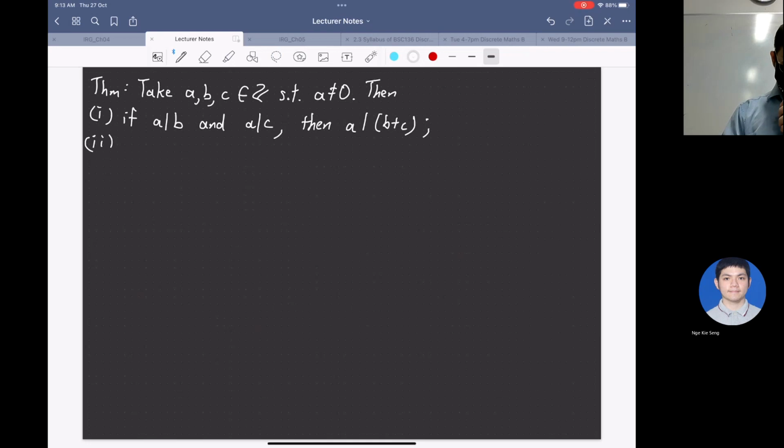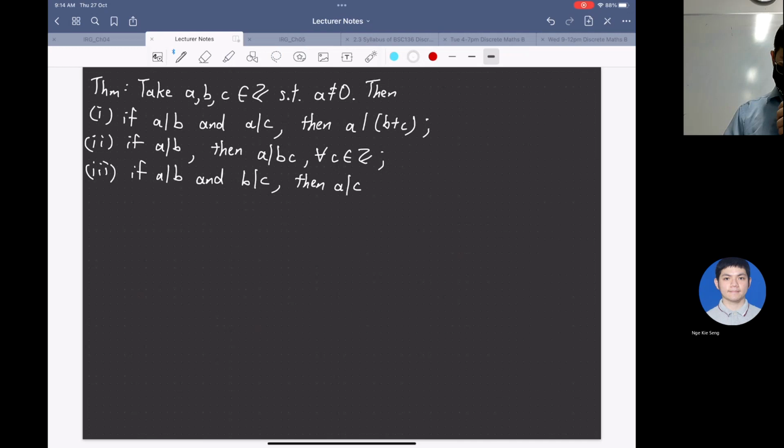Two: if A divides B, then A also divides a multiple of B. Three: if A divides B and B divides C, then A divides C.